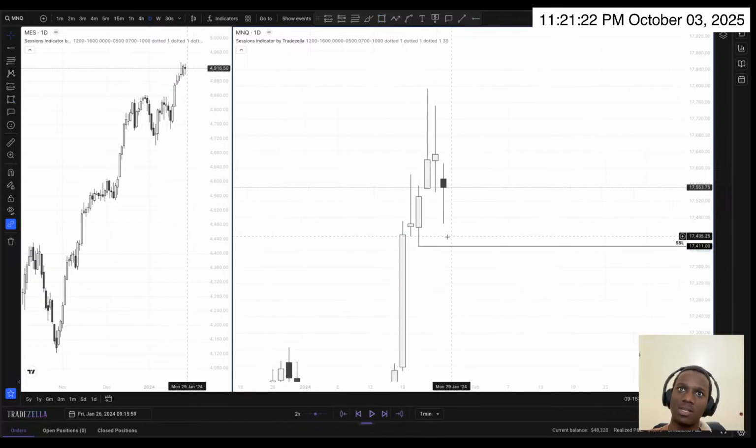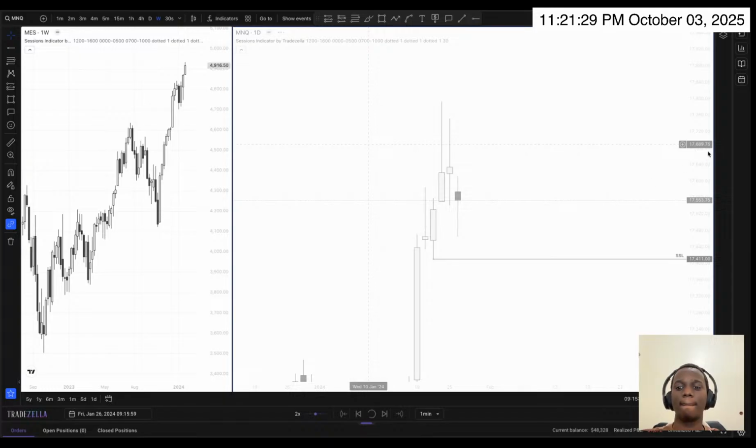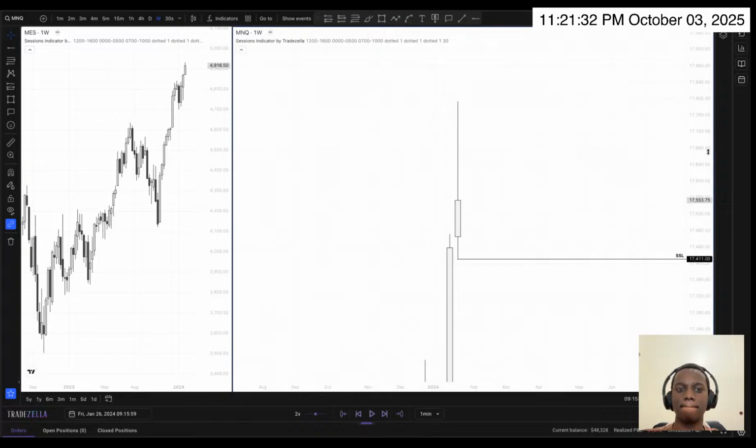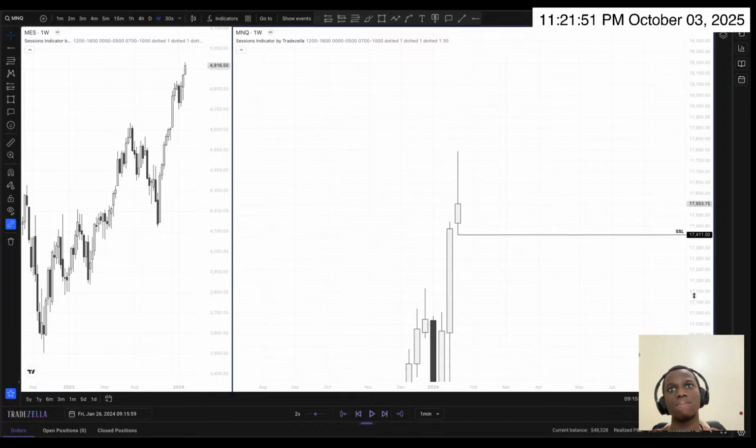Fair value gap here, some volume imbalances, and what day is it? It's Friday. Let's look at the weekly and see. Yep, this week will be closing bearish, and the next one will drop into the gap.